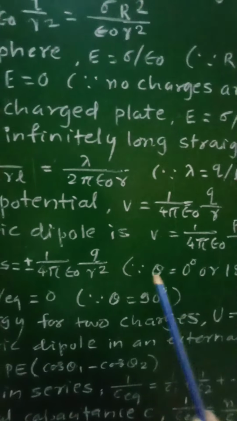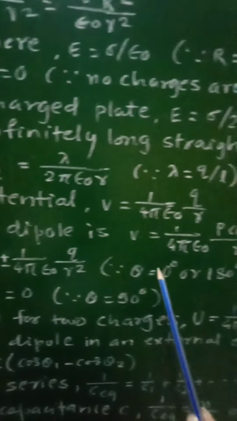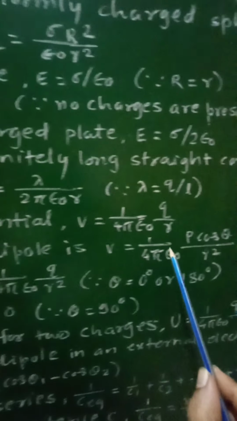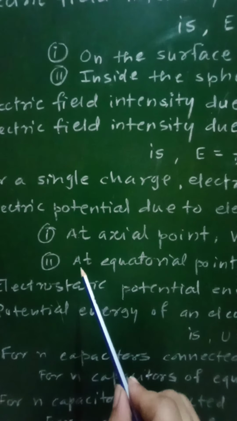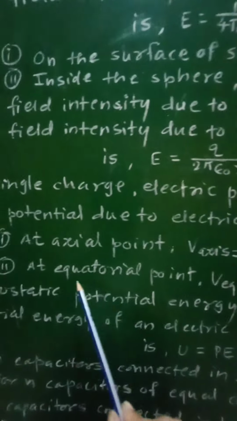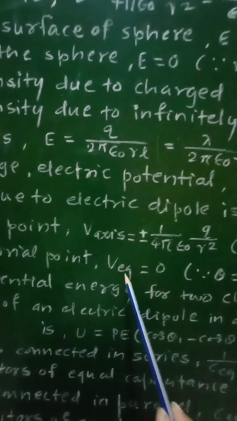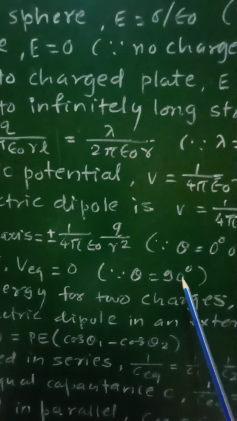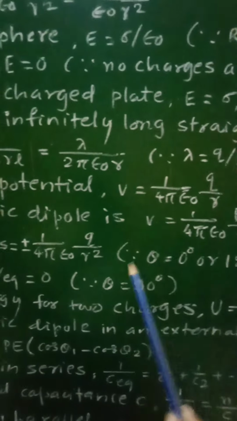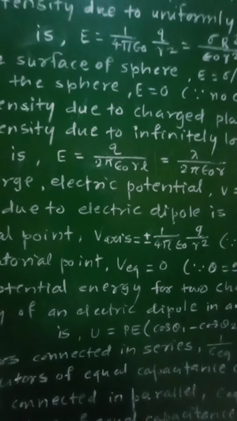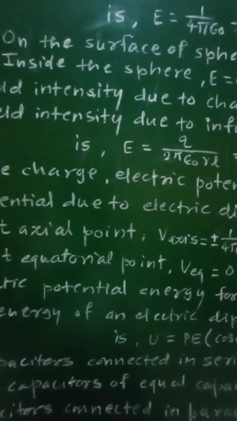If it is 0 degree, then it will be plus. If it is 180 degree, then it will be minus. Now the second case, that is at any equatorial point, phi equatorial will be equal to 0, since theta is equal to 90 degree for any equatorial point.